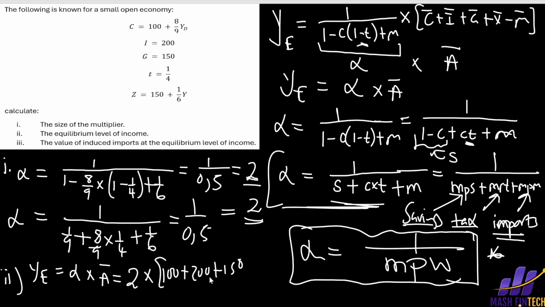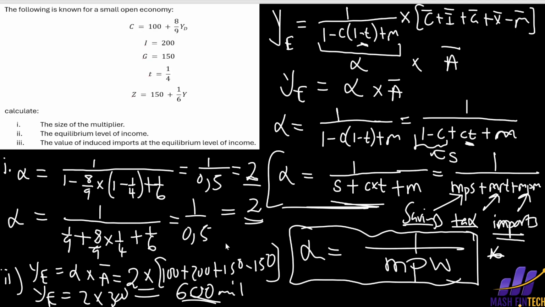In this instance, there are no exports. Because there's consumption by households, investment by firms, government expenditure, and 0 exports, we just subtract the 150 of imports. This 150 cancels with that one. We are left with 300. The equilibrium level of income is then 2 times 300, which is 600 million.